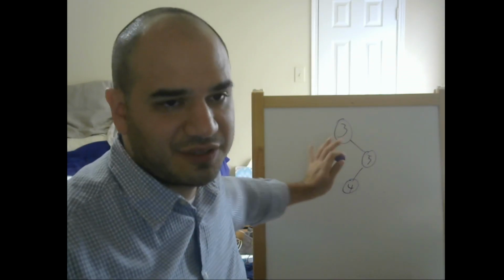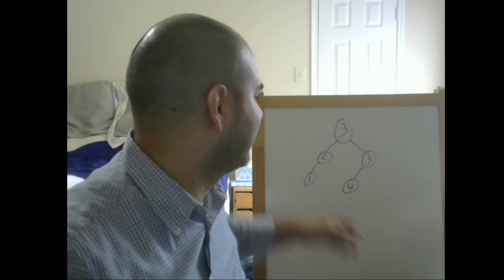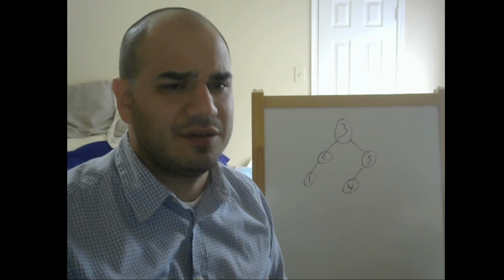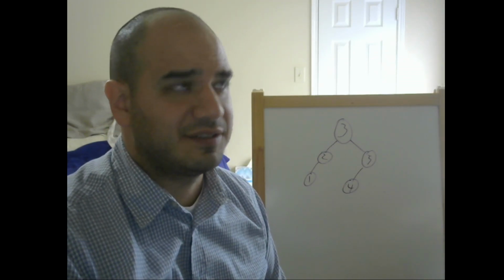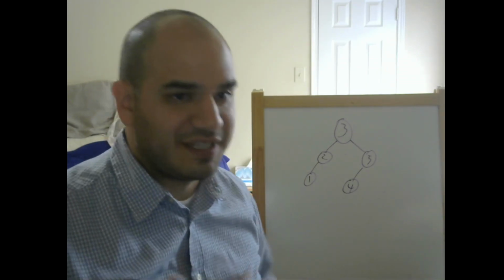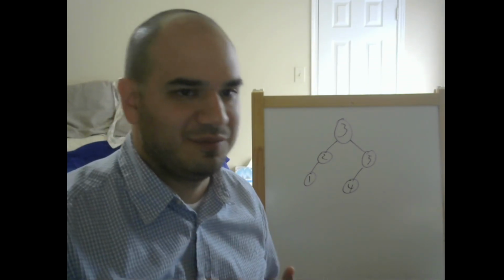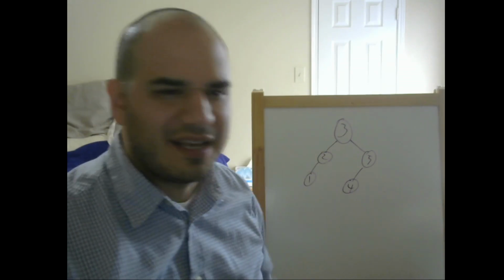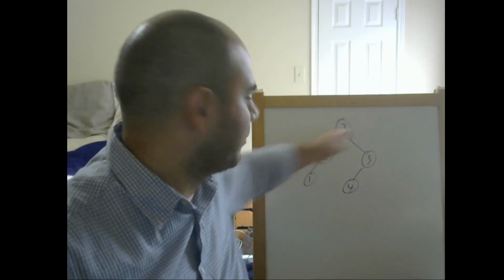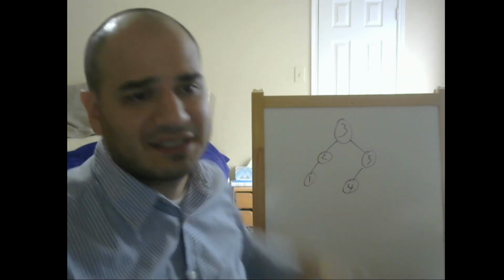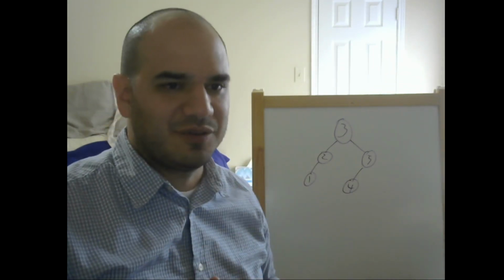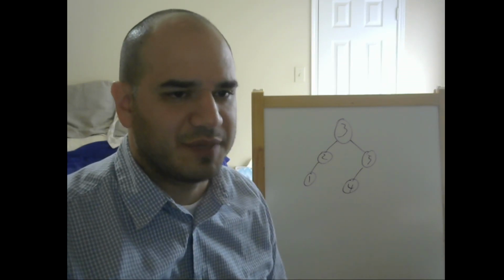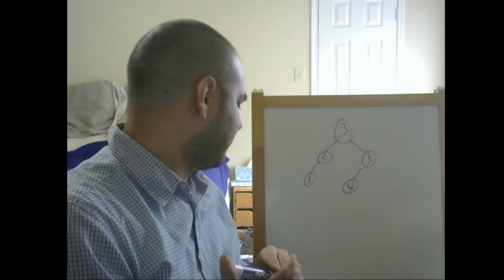Okay, so we're going to create a structure in JavaScript that maintains these properties even as we add new elements to the tree, so that if you create a new binary search tree or whatever, then each time you add an element to the tree, it preserves both the ordering and the balanced nature as it grows, so that whenever you look for something within the tree, you get it in logarithmic response time. Okay.